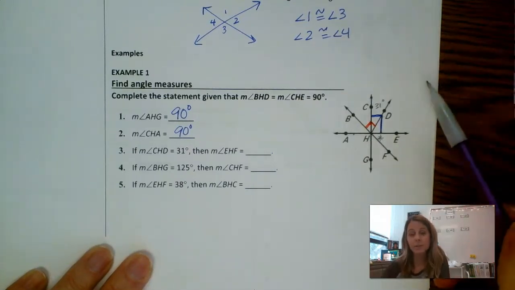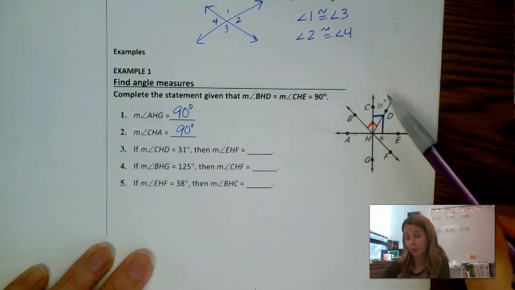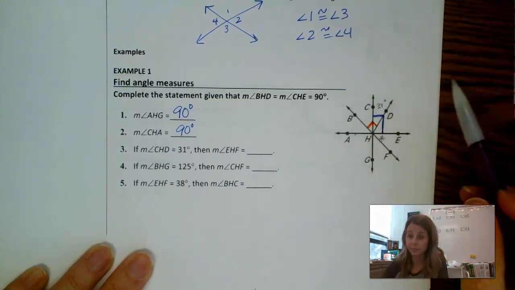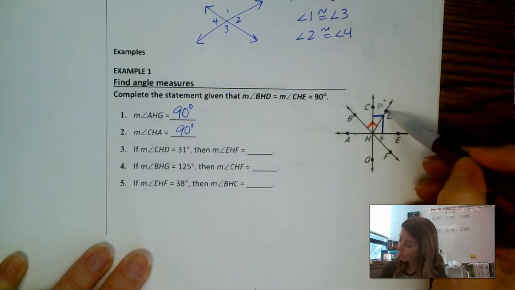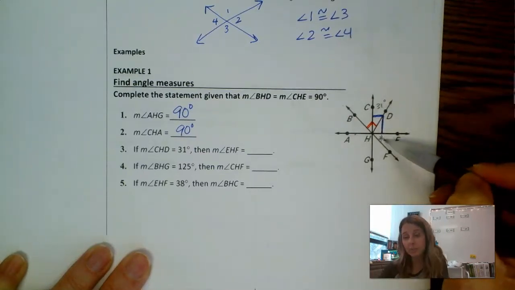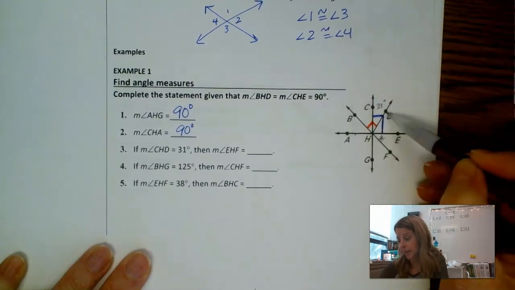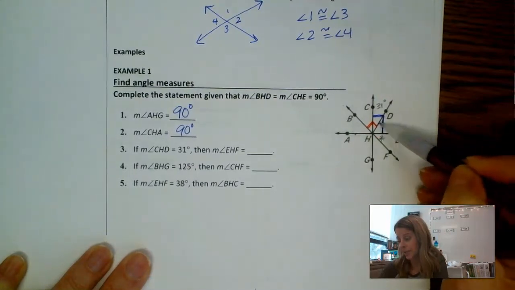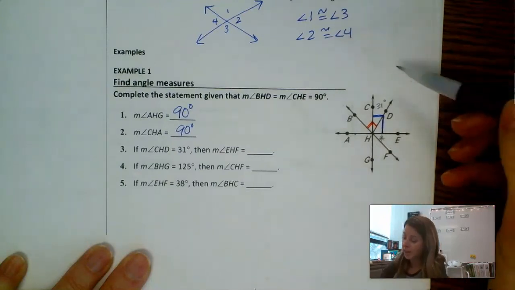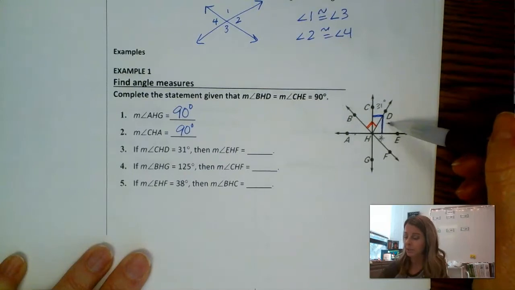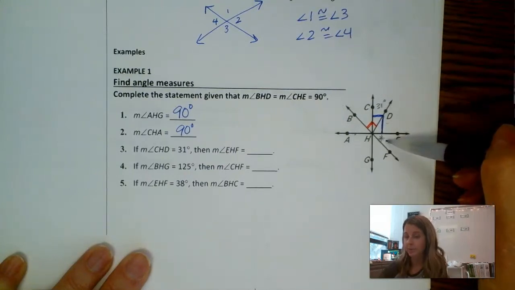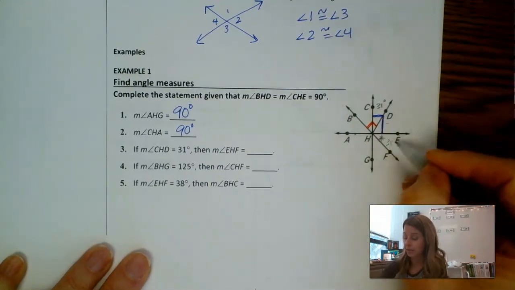We can use the congruent complements theorem here, and let me show you how, or we can use a different way. If we know that the angle I put a star on and this angle over here, DHE, are complementary, and then we know that 31 degrees is also complementary to this same angle here, well then these 2 angles have to be congruent to each other. That has to be 31.